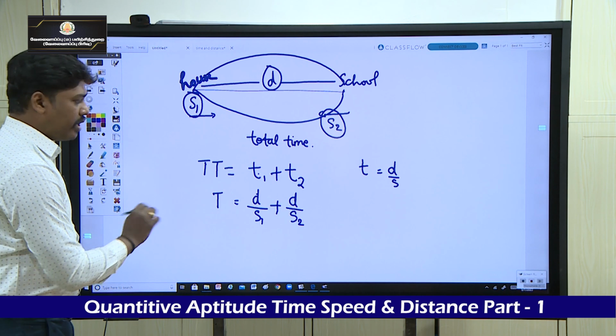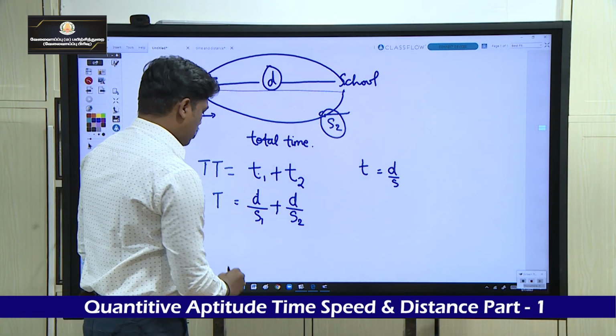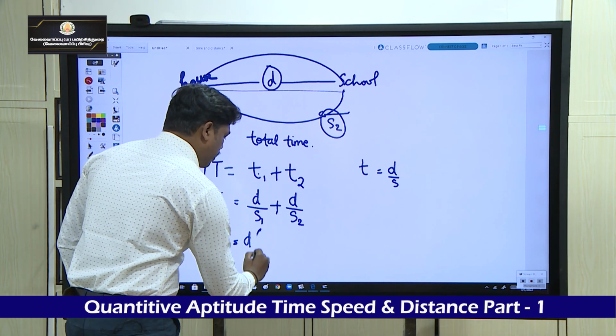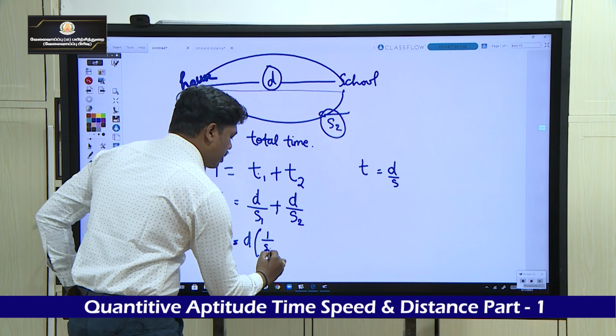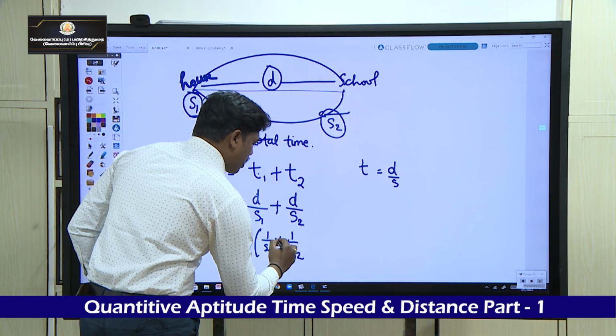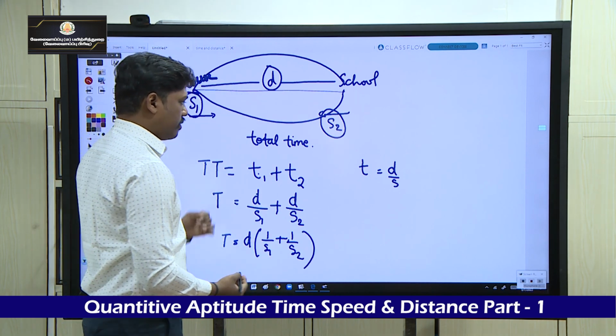So now what can we do here? Take D common. T is equal to D into 1 by S1 plus 1 by S2. Now do a cross multiply here.